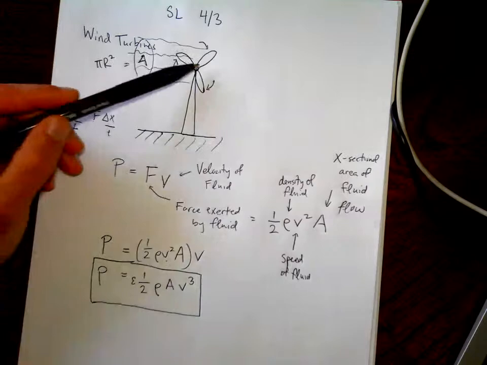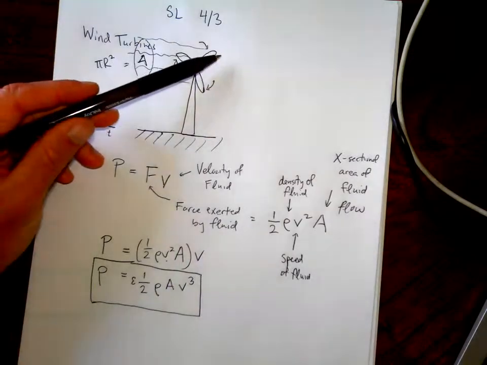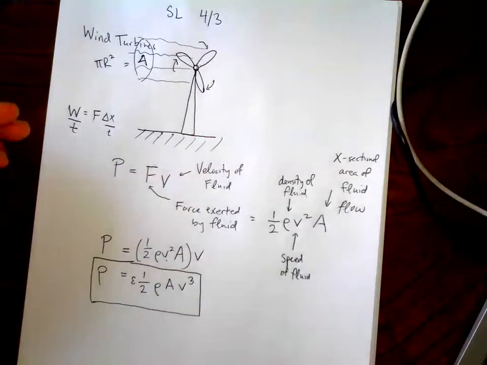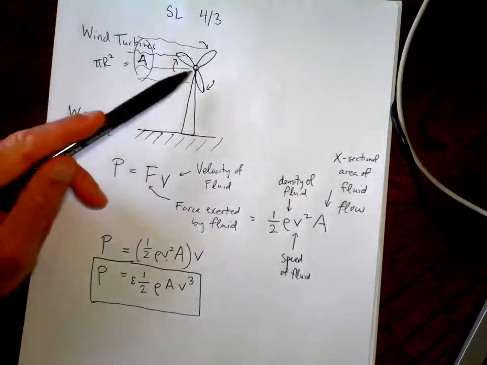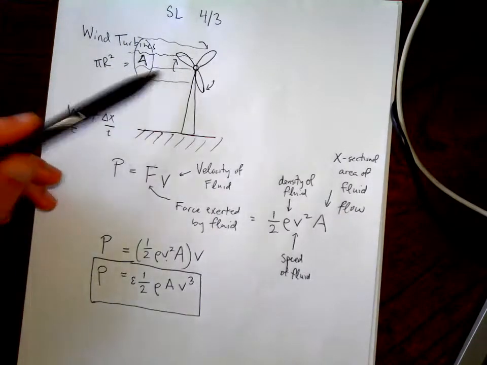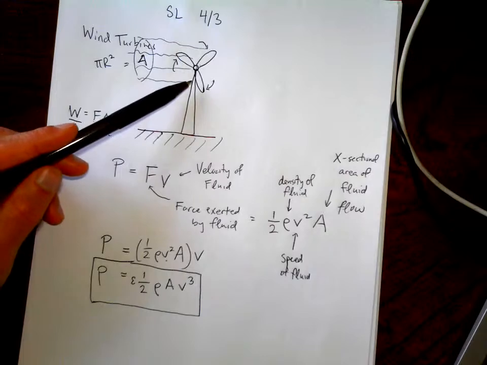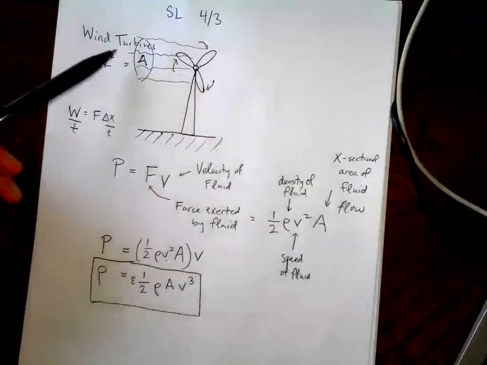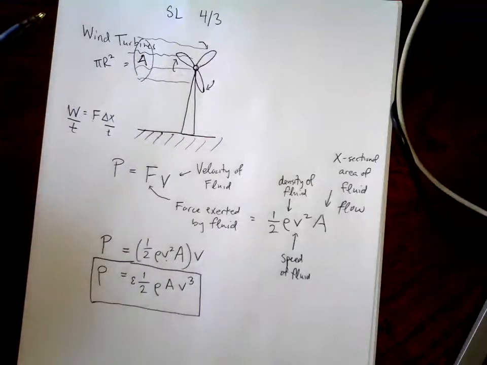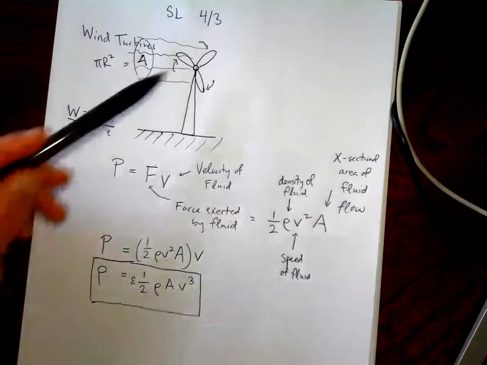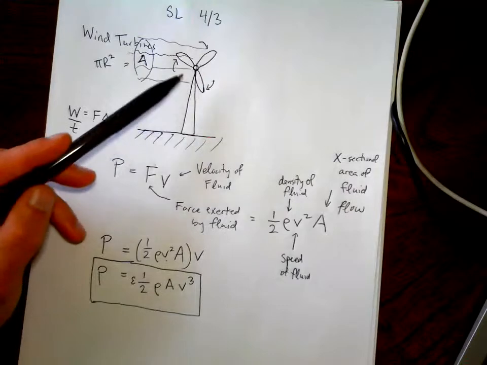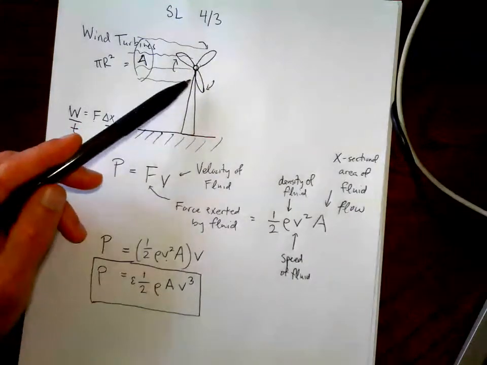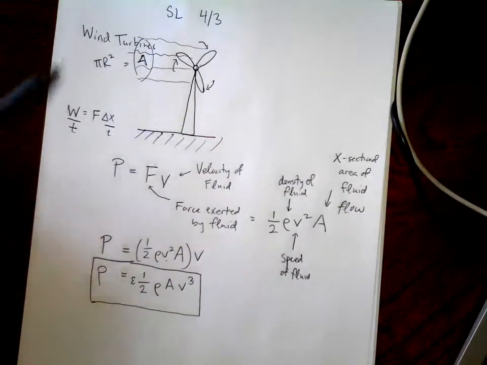You might say, why don't you just make the wind turbine blades wider so that they're being hit by more of the air? Well, if that happens, then the wind turbine might be so large that it just stops the flow of air. So you have to be careful. There's a balancing act there. You want to capture as much wind as possible, but you don't want to stop the wind.